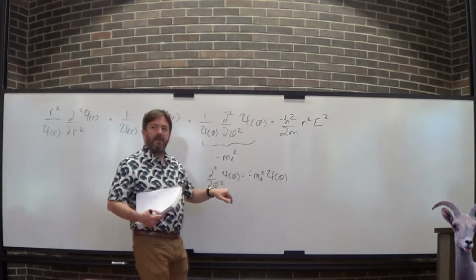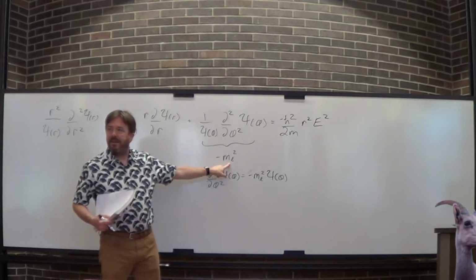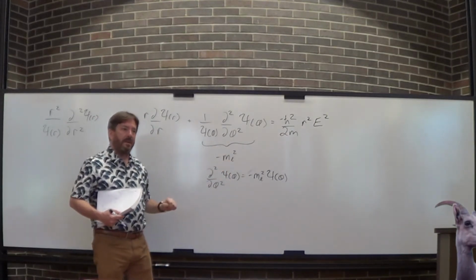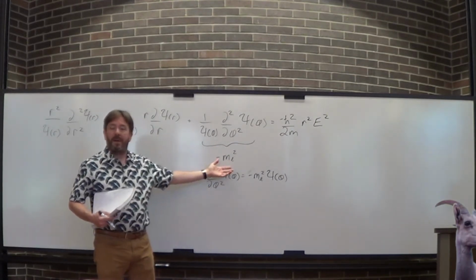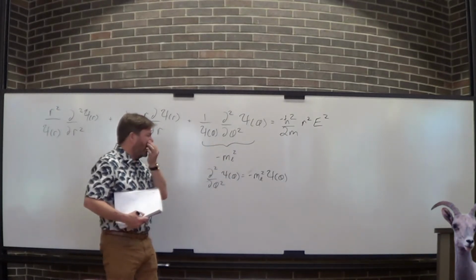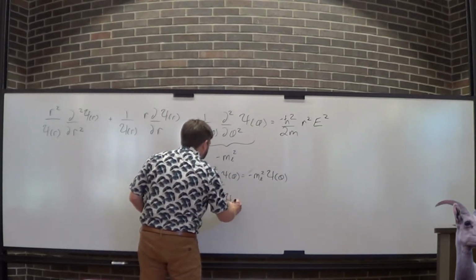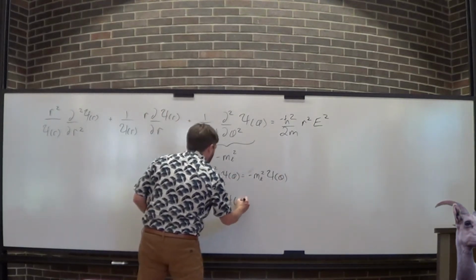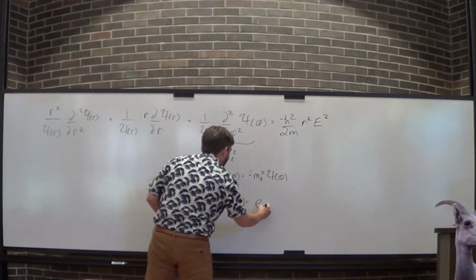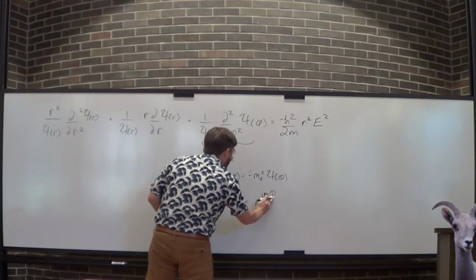Well, who says it's negative? This can be complex, and the result can be positive, right? So I haven't really pigeonholed myself into saying what this is. I've just given it a convenient form because this makes the solution easy. Now, hopefully we've all seen enough of this to know that the solution is, of course, e to the i m phi.